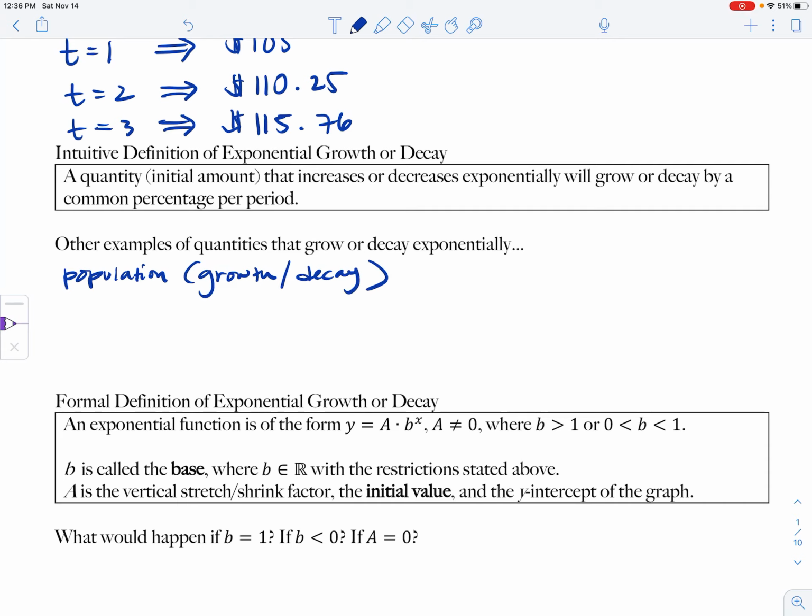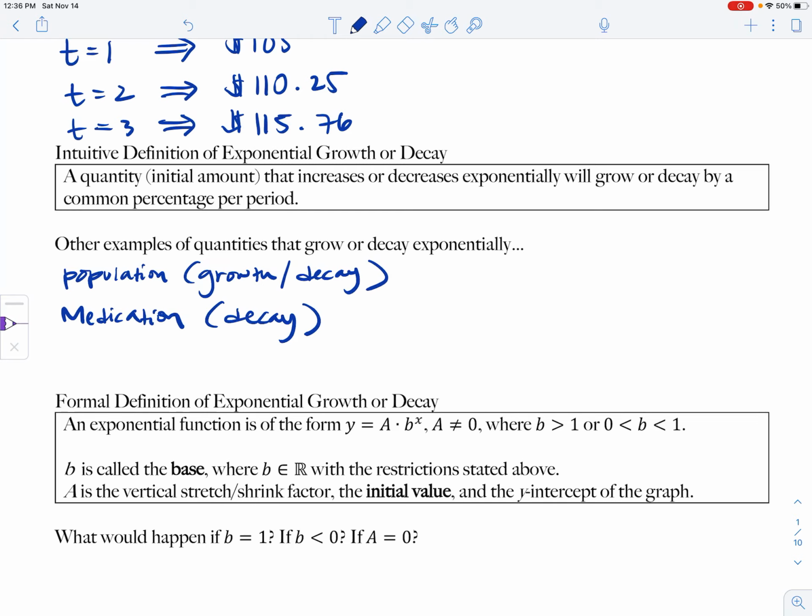As another example, an example of exponential decay could be with medication. So let's say you take Tylenol for a headache, you take a dosage, the amount of Tylenol in your body, in your system, is going to decay exponentially.